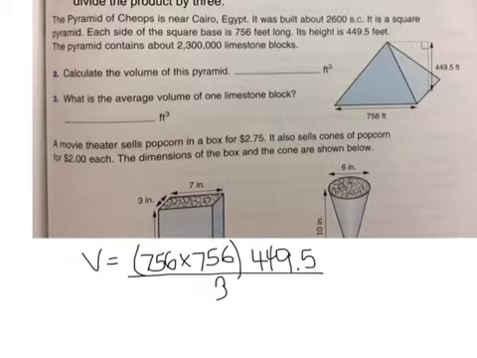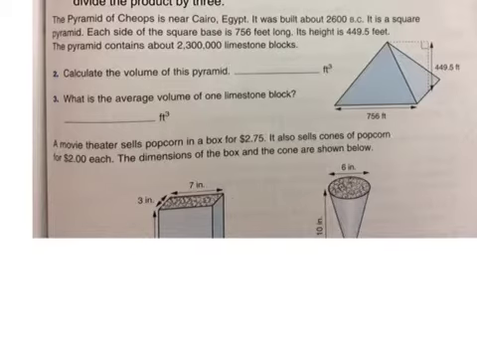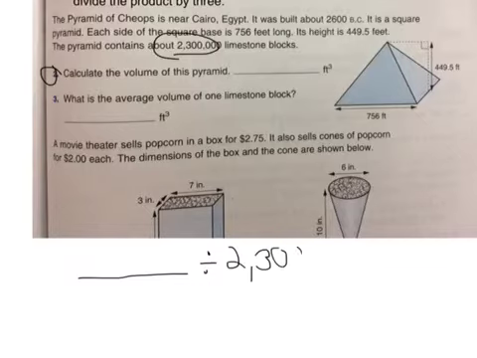On question 3, what is the average volume of one limestone? Well, as I mentioned earlier, what you need to do is take your answer that you get from number 2, and divide that by the number of limestone blocks, which is 2,300,000.